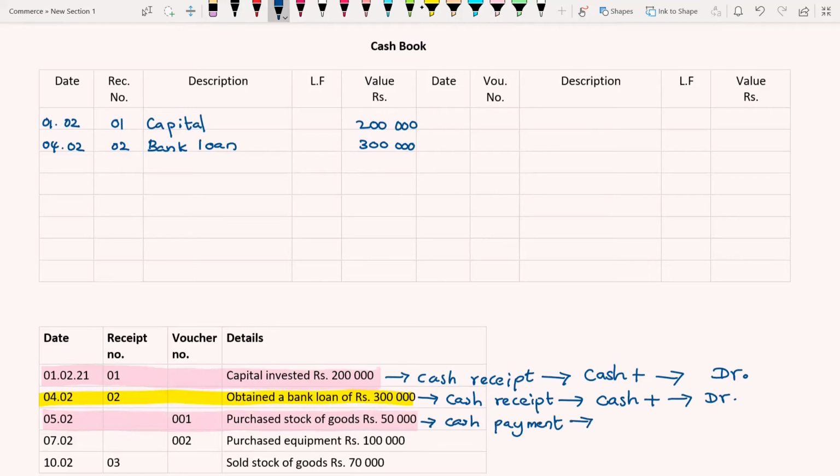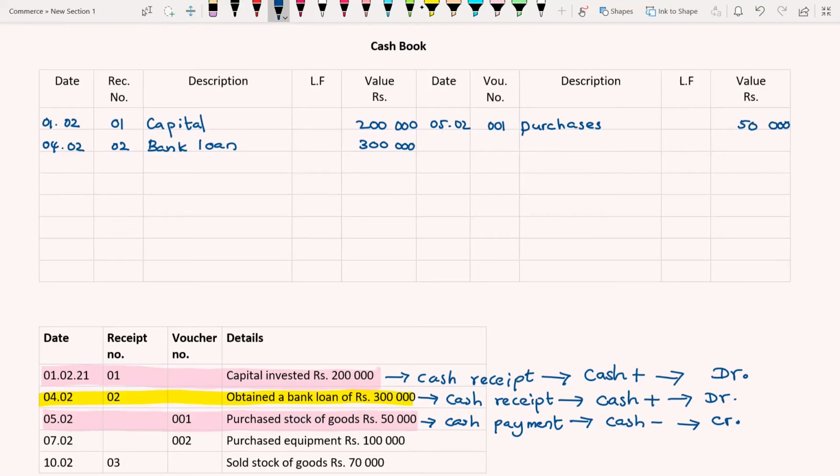Therefore, we need to credit this transaction in the cash book. So let's record this transaction in the credit side of the cash book. 5th of February, voucher number is 001. Description purchases and the value is 50,000 rupees.